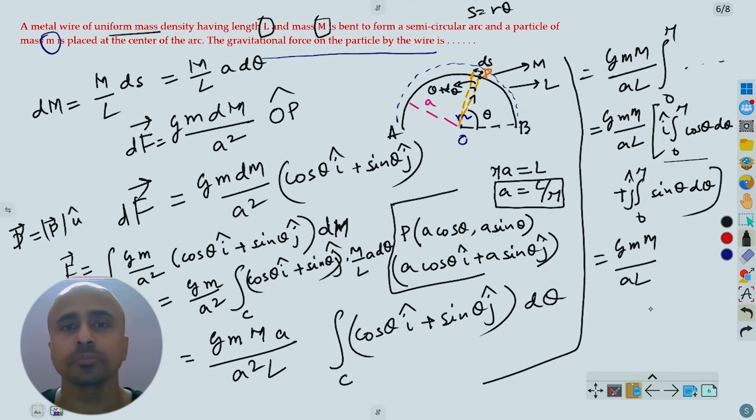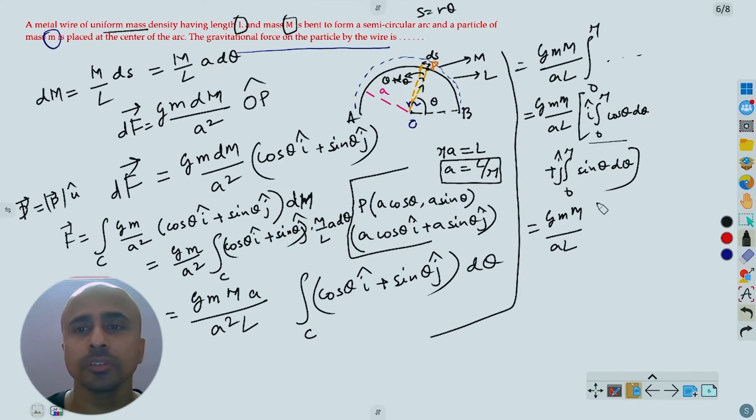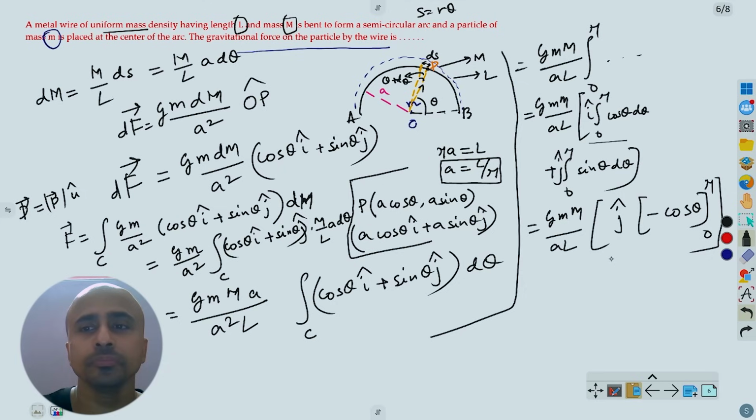So we have j cap, minus cos theta from 0 to pi, okay, because the integral of sin theta is minus cos theta. GMm, and the direction is along j cap, so I will write j cap here.